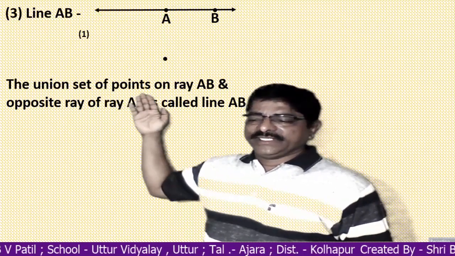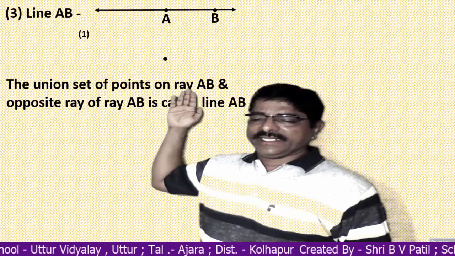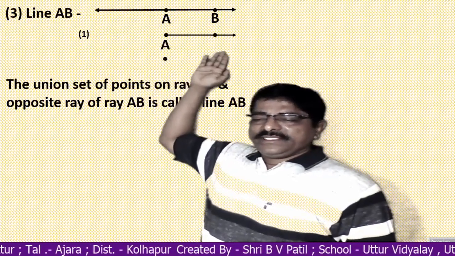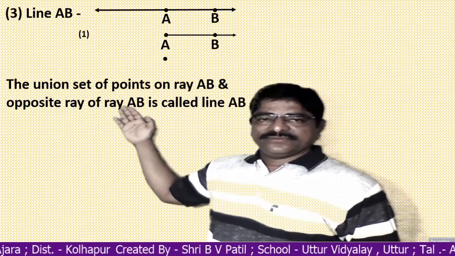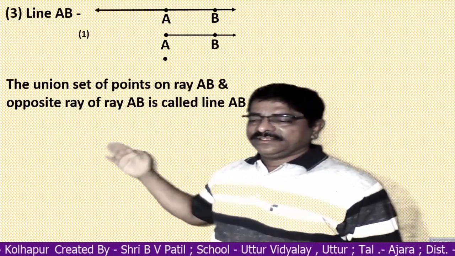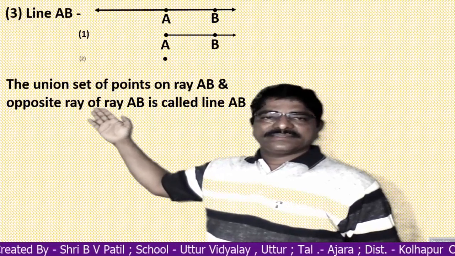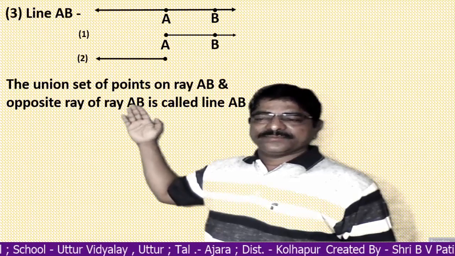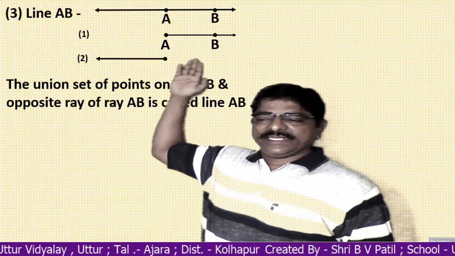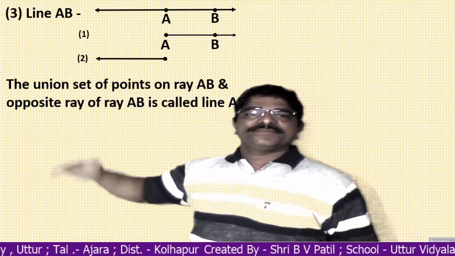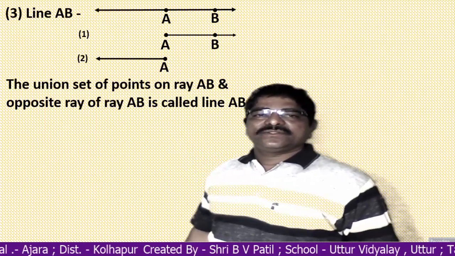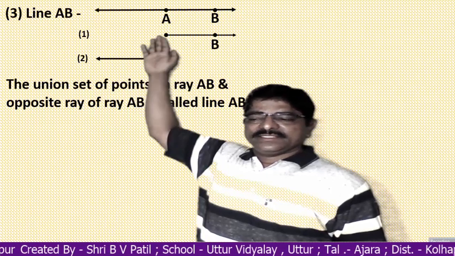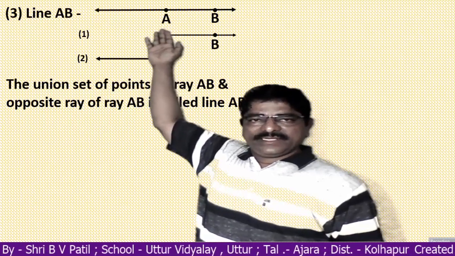The first part of that figure is ray AB, and its second part is the opposite ray of ray AB, on the right side. When we join those two figures, we get line AB.